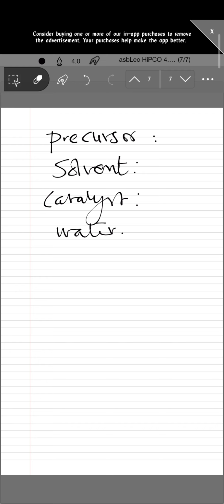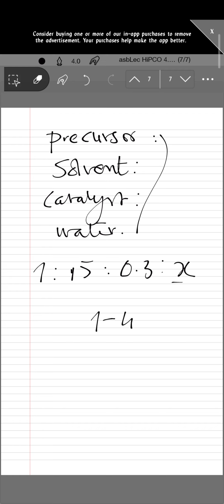Usually the ratio is kept in the same order as 1 to 15 to 0.3 to x, where the water content can vary from 1 to 4. And the catalyst, as previously told, is HCl.